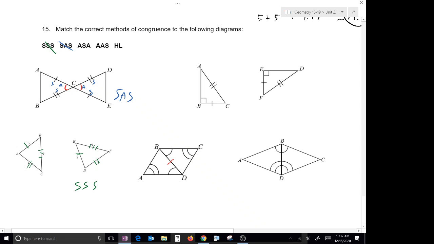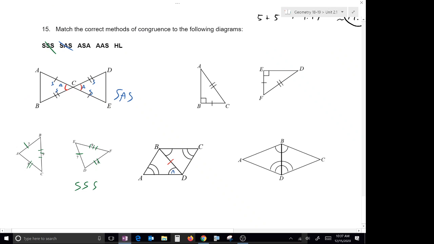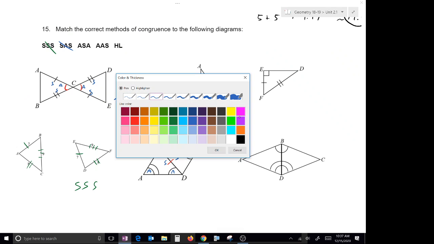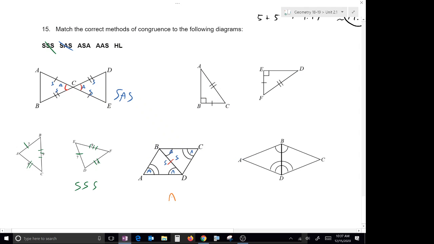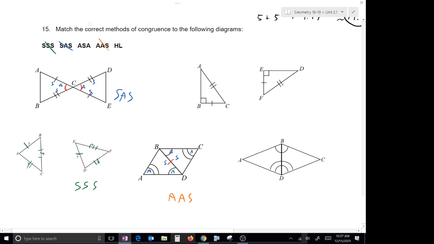We have a shared side there. And then looking at where our angles are, so we have an angle, an angle, and then a side that's not in between. So this is going to be AAS. And bottom right, we have a shared side.